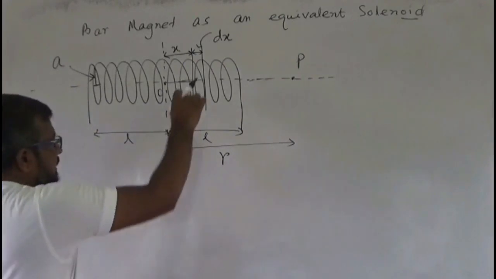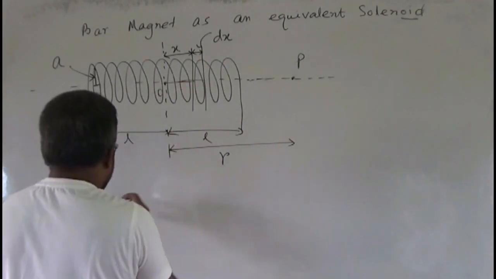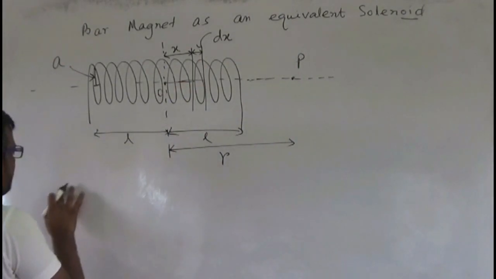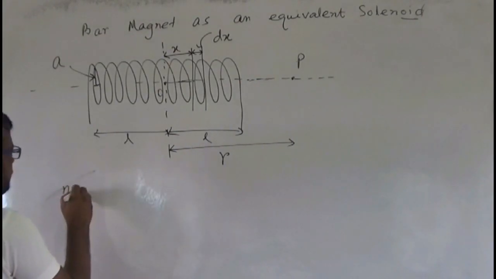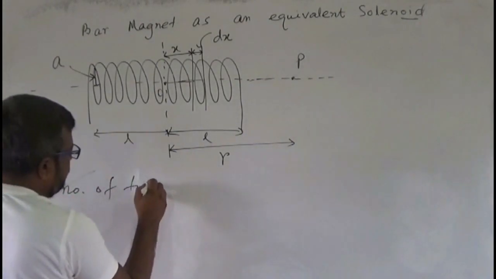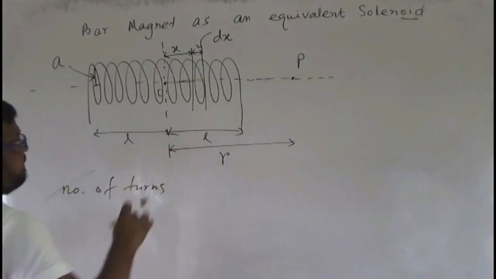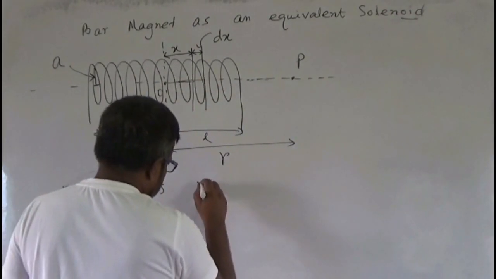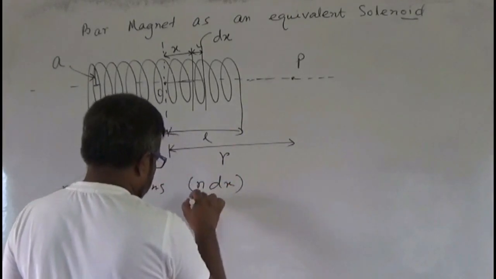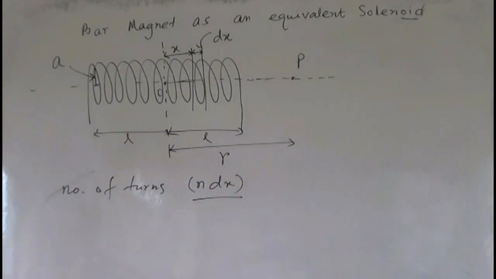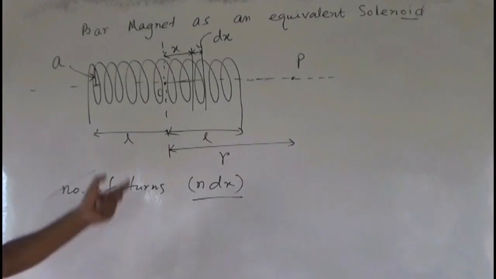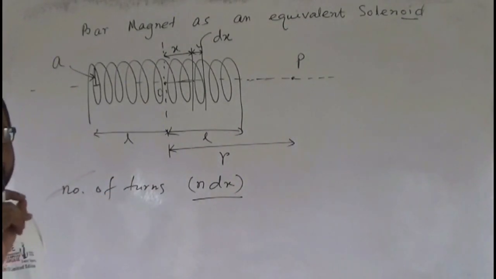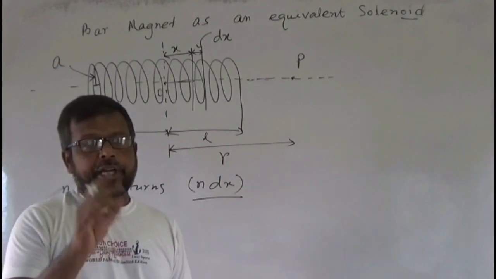The number of turns of this elementary circular coil is n into dx. This is the number of turns, because we have considered that the solenoid has n turns per unit length.